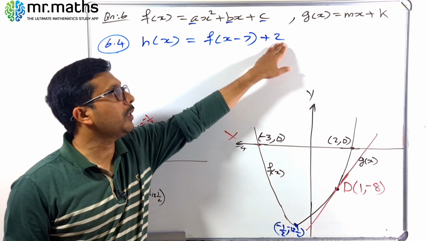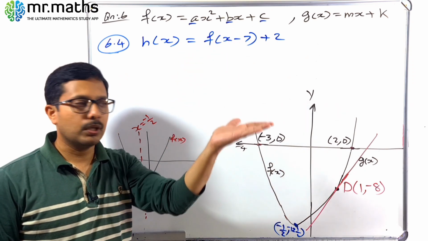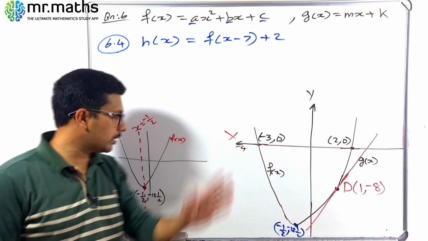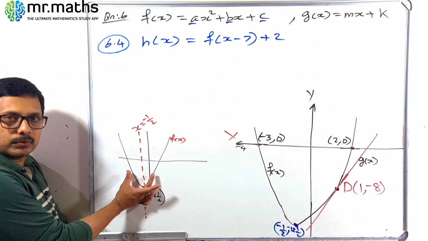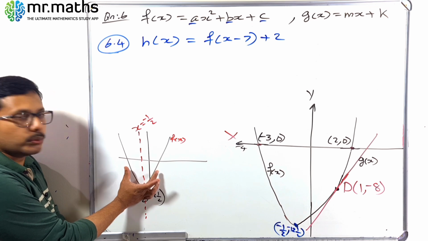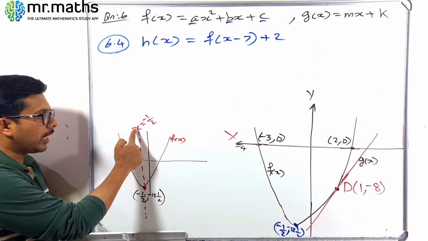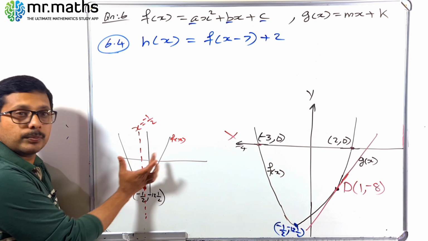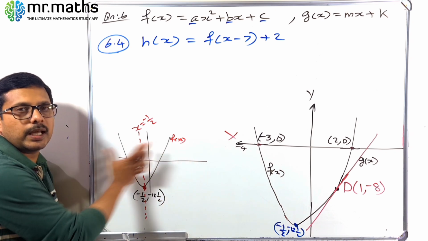Plus 2 means it's shifted upwards 2 units. Upward or downward movement doesn't make any difference to the axis of symmetry. For example, if this graph is shifted 2 units upwards, is there any change in the axis of symmetry? No. The axis of symmetry will change only if the graph moves left or right.